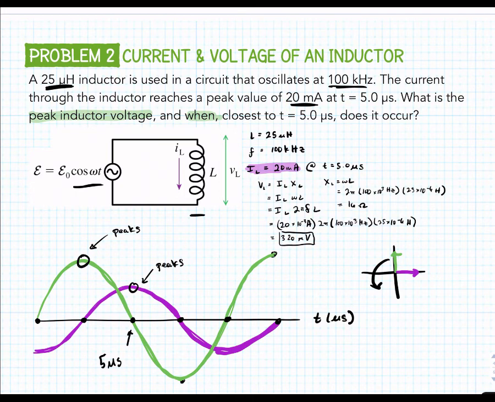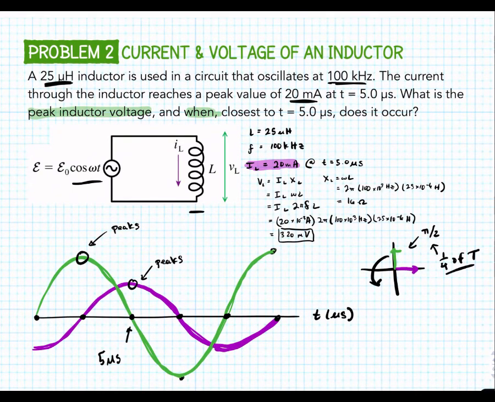So phase, pi over 2, right? Because if you draw this in phase space, this is our unit circle, okay? So this is 0 to pi. This is pi over 2. This is pi. This is 3 pi over 2, okay?